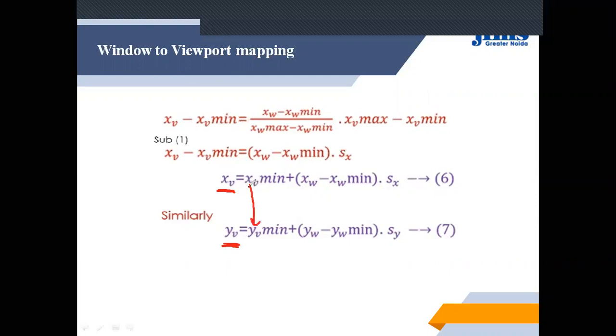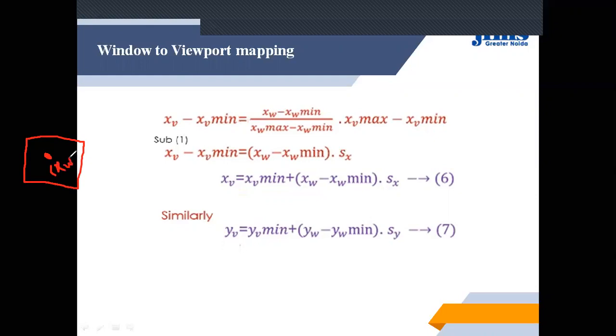Similarly, on the y-axis also, I can find out the value, that is yv, by putting the y coordinate instead of the x coordinate. So these are the things that will be given to us. Let me tell you once again. This is the window. In the window, this is point P. So the values of this are XW and YW.